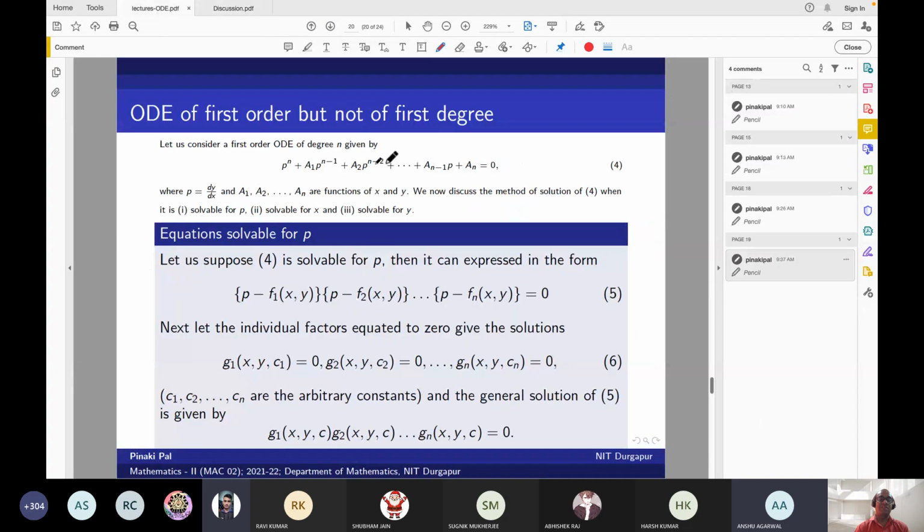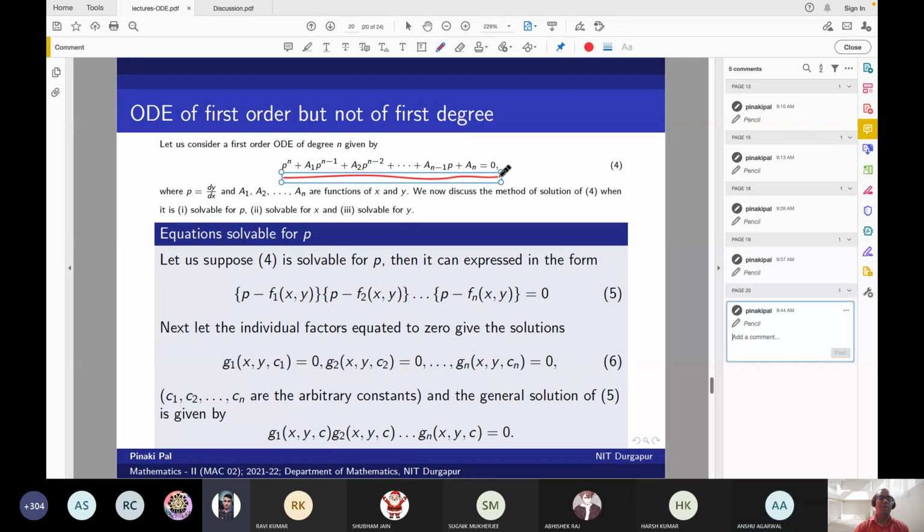Next is this. In our syllabus, ordinary differential equation of first order, that means only the first order derivative will appear in the differential equation, but not of first degree. This is the most general form of such an equation of degree n.